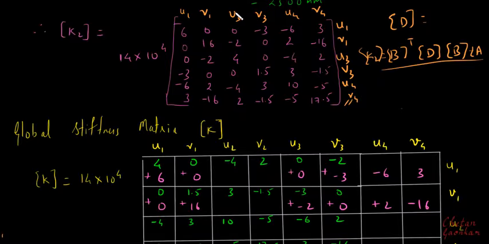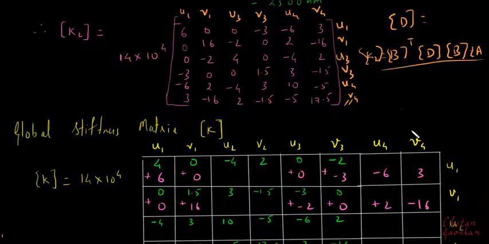Then I have here u3 u1, and that is again 0, so plus 0. Then I have here v3 u1 as minus 3, so I have put this value as minus 3. Similarly, u4 u1 is minus 6. There are no values from the first stiffness matrix because there the nodes were only up to 3.